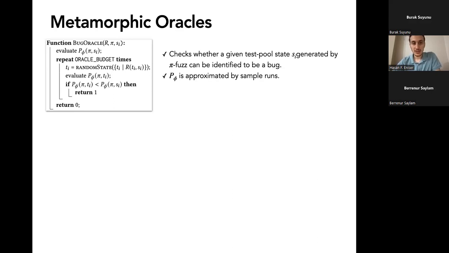This is how we evaluate the probability of failure of pi, and we have a budget. Before that, we obtain an unrelaxed state T, so Si is relaxing Ti. In this case it's reversed, it's not the same as the examples.